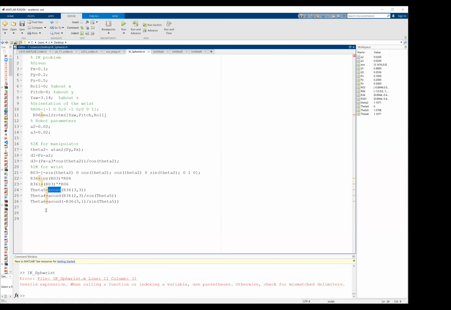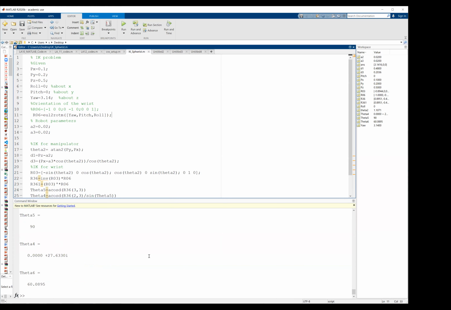Invalid expression. Line number 11, I did not close the parentheses. So let me see R0. You got these values.